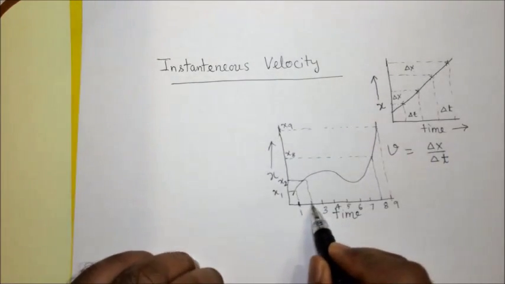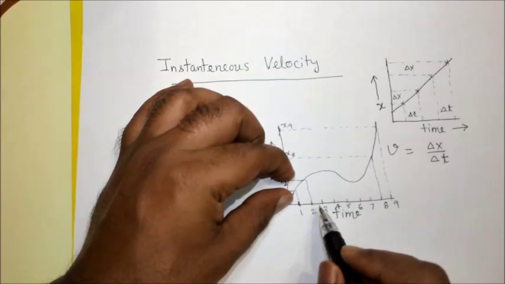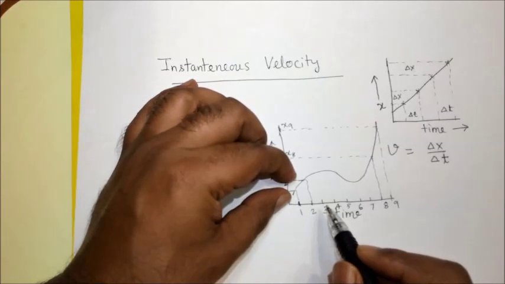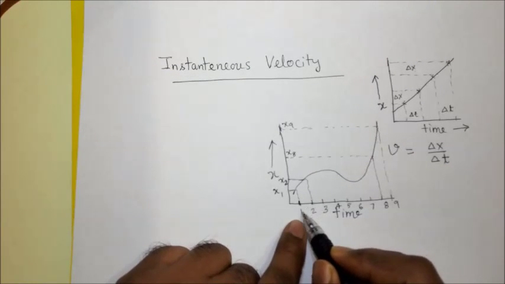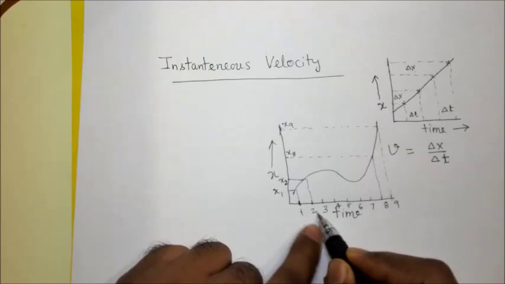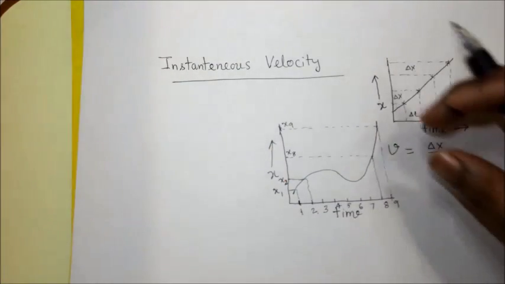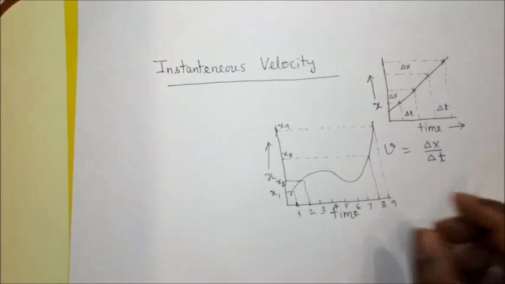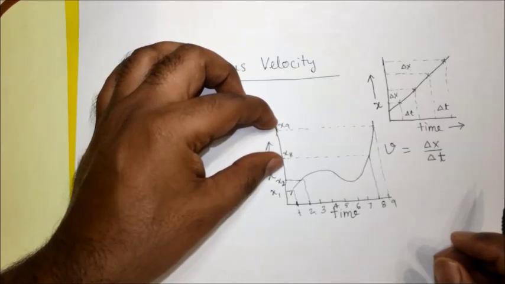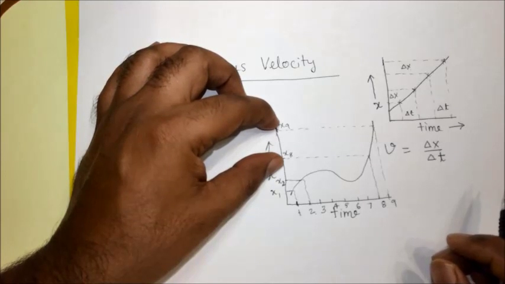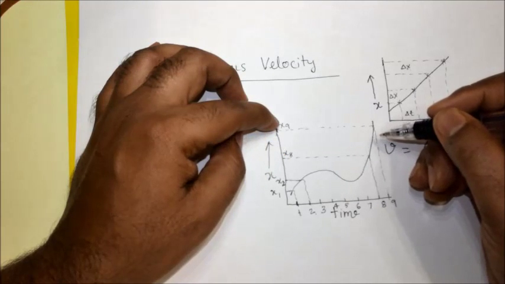Here if there is time difference of 1 second, delta x is small. Delta x over delta t will be giving the velocity from 1 to 2 seconds. Here delta x for same time interval is large. So here delta x over delta t is going to be large. The velocity will be more.